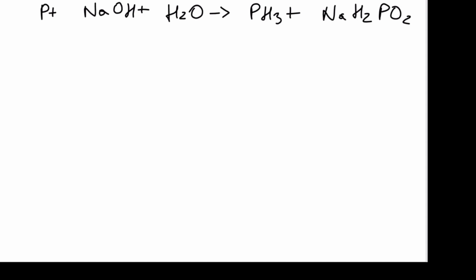Let's find something that undergoes oxidation and reduction reaction. Let's start from phosphorus. Phosphorus on the left side of the reaction, in the substrate, its oxidation state is equal to 0, because phosphorus stands alone.